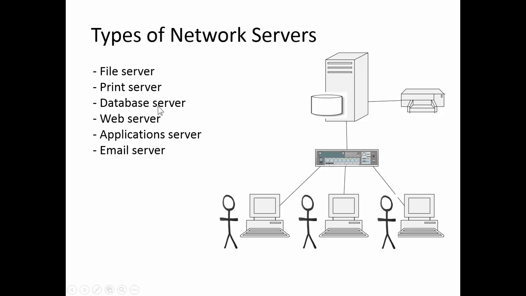A database server houses the company's database. A web server holds the company's web page. An application server holds the company's applications. In our case, the Community College of Baltimore County, that would be the student registration application. And of course, the email server holds the company's email.